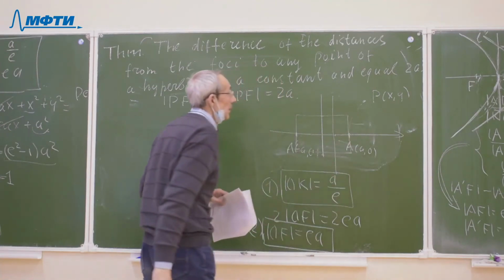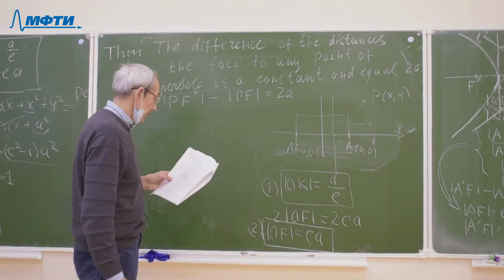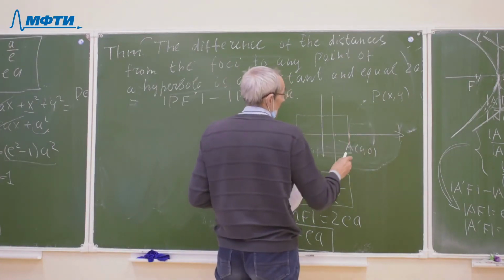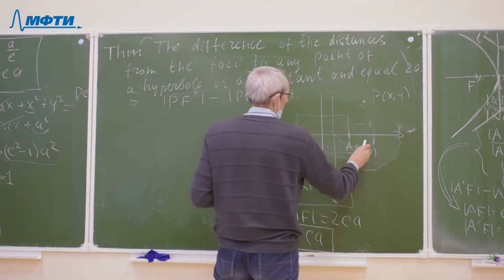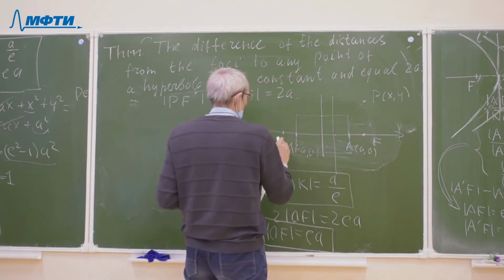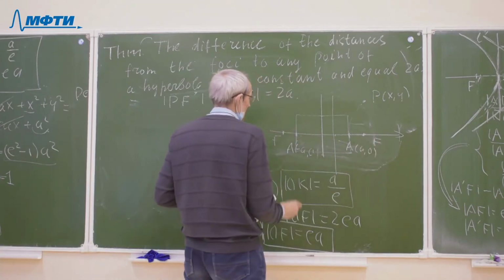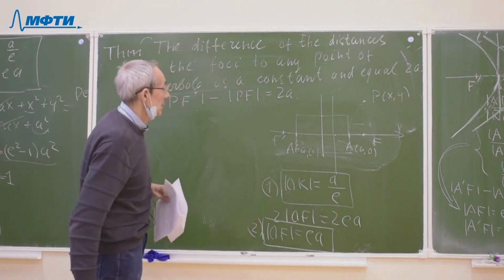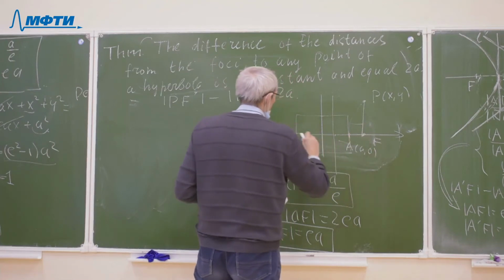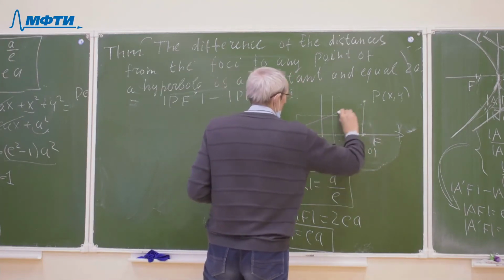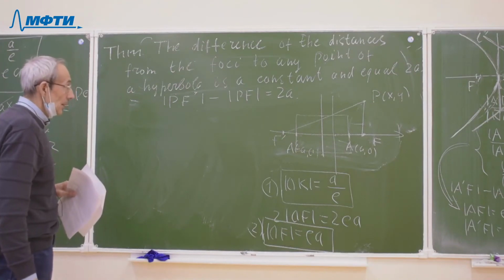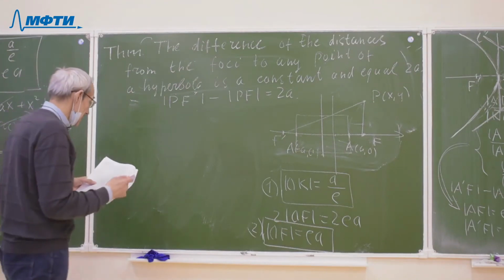We have the point P which has coordinates x, y. We have one focus F and the other focus F prime, and we have two distances.